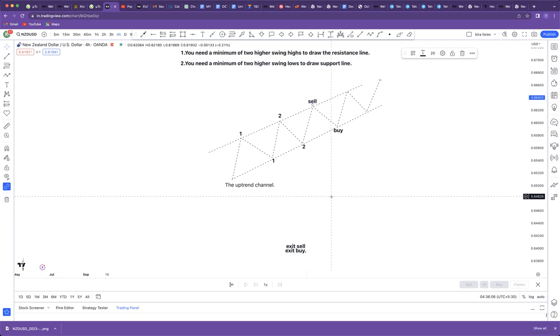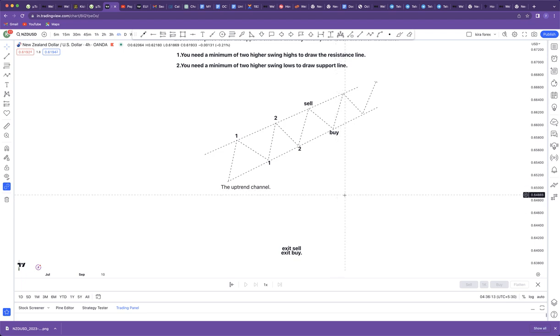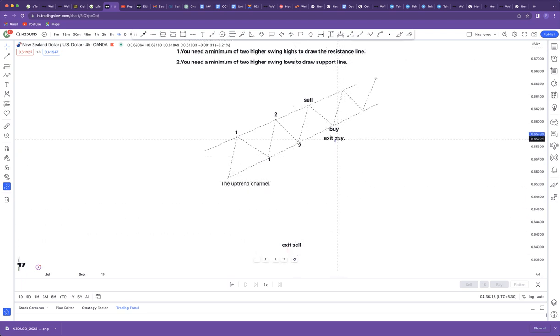When you sell on the resistance level on point 3, you take your profit where you are going to buy. So you exit here, and when you are buying here, you exit where you are going to sell again, because these points are turning points for the market, and you might not know when price will break out.